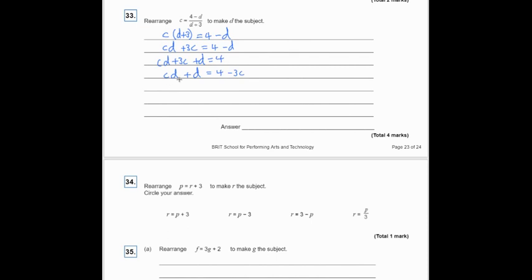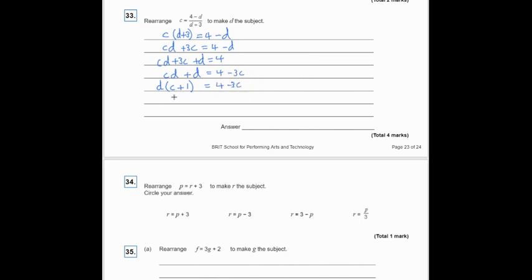Okay, if I now factorize D, because I've got everything with D on one side, that gives me a single D, like that we need. So C plus 1. So I factorize the D, and I've got C plus 1, and that equals 4 minus 3C.